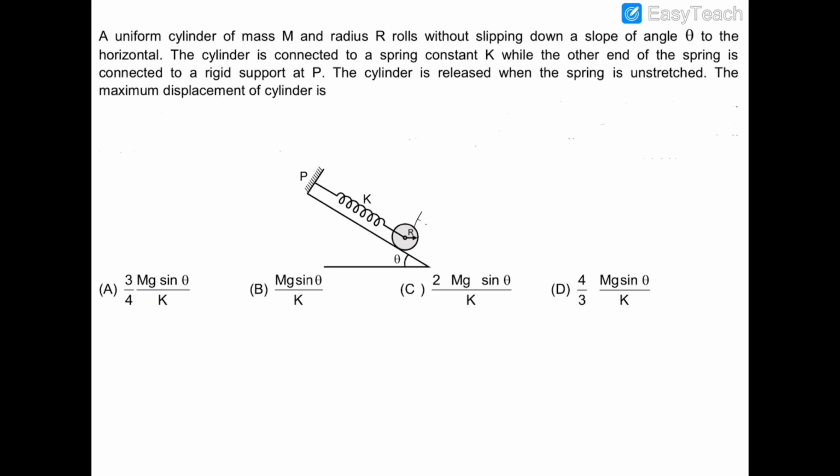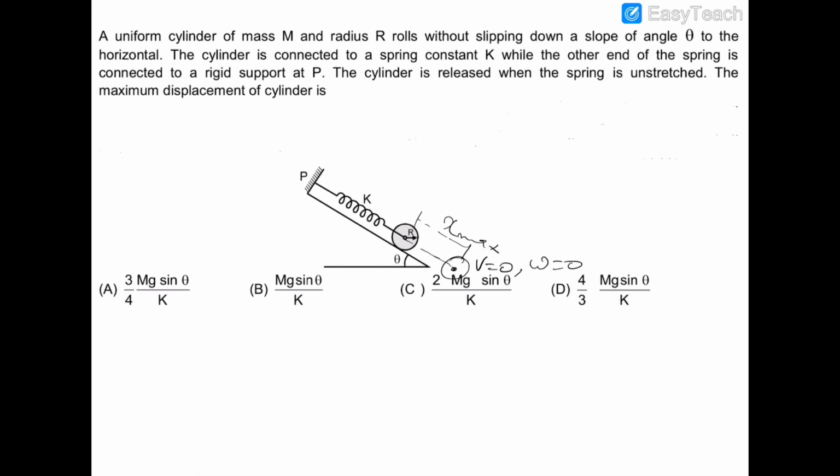So let's suppose that the displacement of the cylinder is x, which is the maximum displacement. So when the cylinder would be at this point, the velocity of the cylinder would be 0, because this is the maximum displacement, and the angular velocity would also be 0.